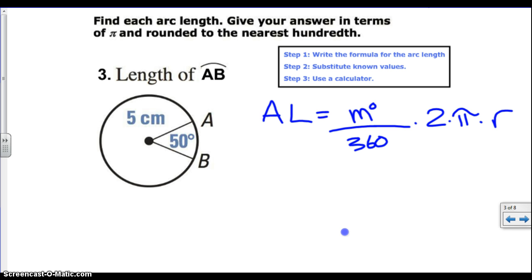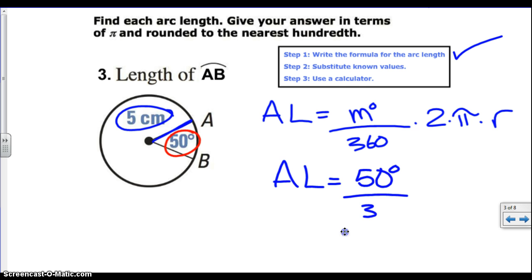We know that our radius is 5 centimeters. It's marked right there for you. And we know that our angle is 50 degrees. So for that m, we're going to plug in 50 degrees over 360, and then it's going to be times 2 pi times 5.